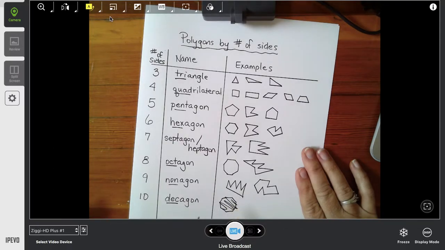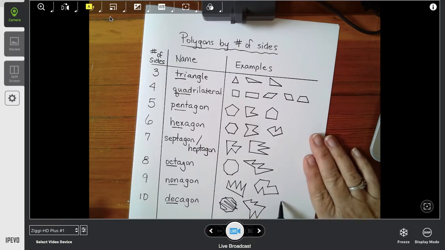I'm going to cross that one out. 1, 2, 3, 4, 5, 6, 7, 8, 9, 10. That's a decagon. It's not regular because I don't have an equal angle there, but it's close.